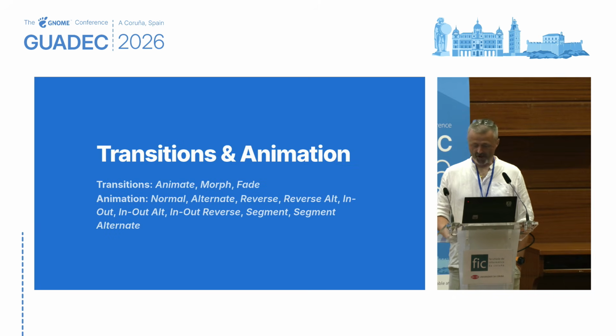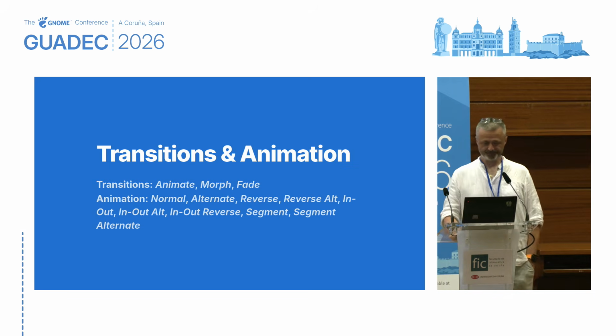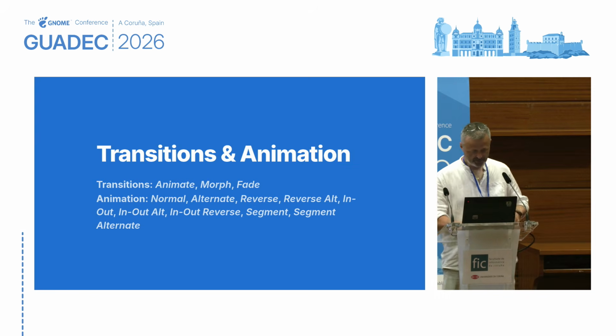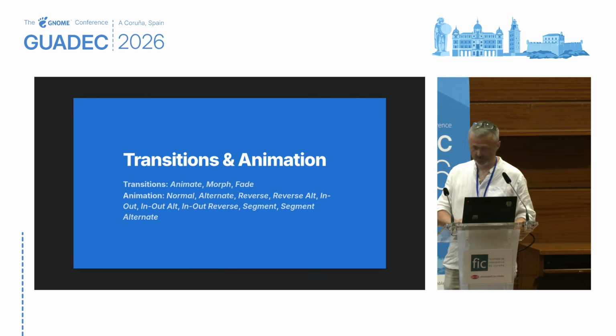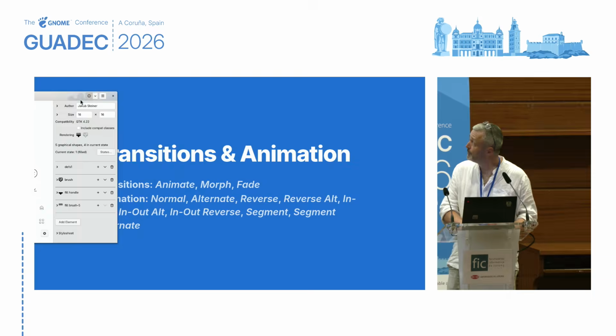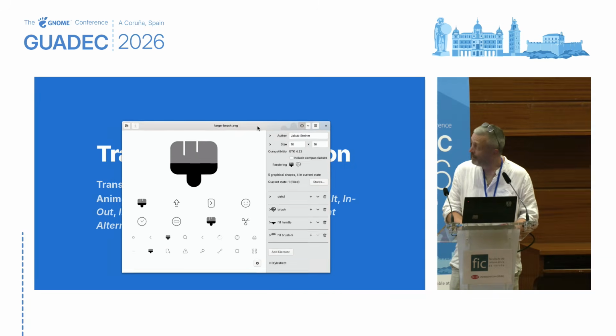Another thing that the new icons could be good at, but we don't actually use yet, is transitions and animation. I could probably launch an icon shaper. I have it, but I now need to put it in here.